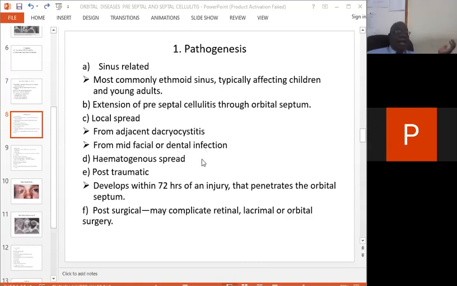All these things can ultimately be a source of the infection for the orbital cellulitis.